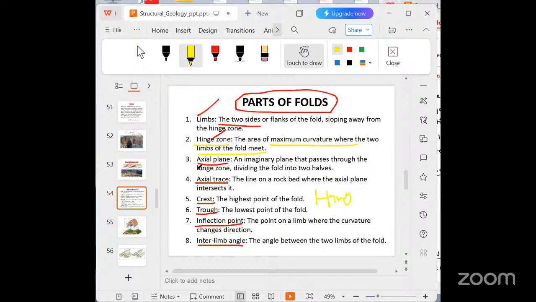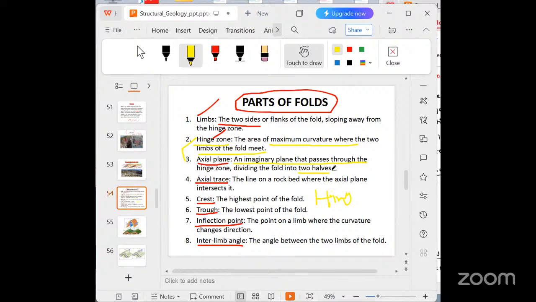Next one is axial plane, right? Axial plane means an imaginary plane that passes through the hinge zone, dividing the fold into two halves. It is a surface formed by joining the hinge lines of successive beds.